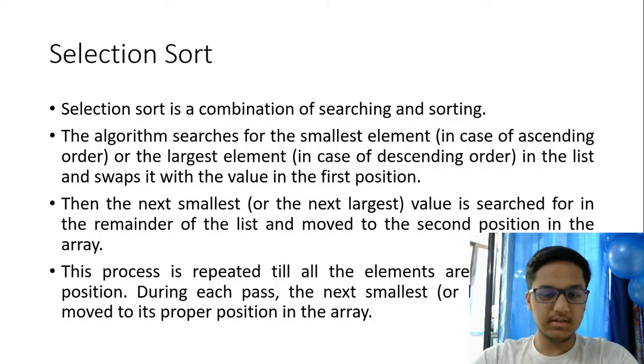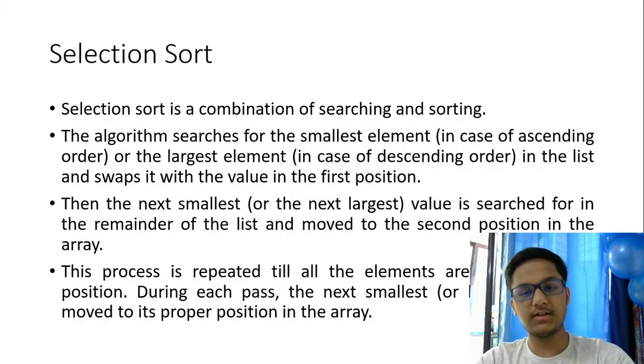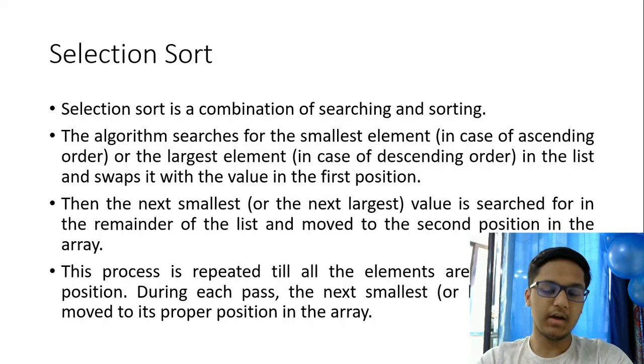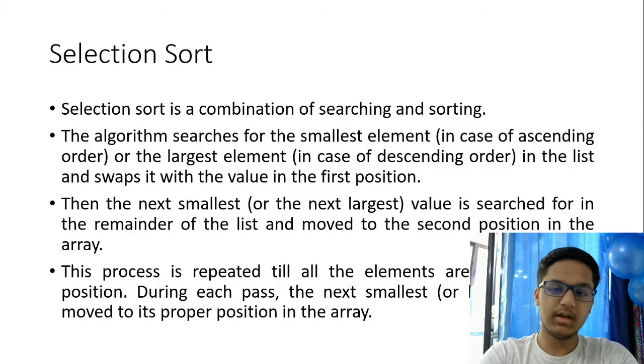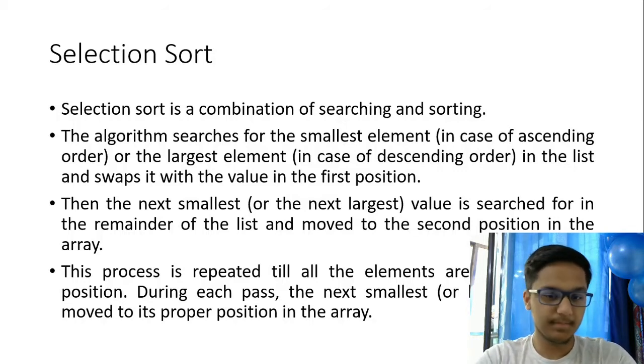As it says in the PPT, it searches for the smallest element in case of ascending order or the largest element in case of descending order. After the complete iteration of searching for the smallest element in ascending order, it's going to put that in the zeroth index. In the second iteration, it's going to put the second smallest element, then third, then fourth, then fifth, and so on.